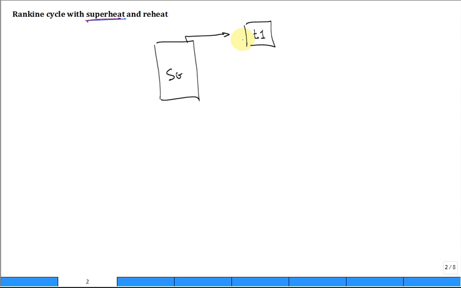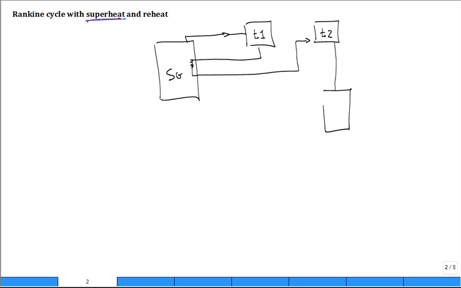The steam goes into the first turbine stage, comes out of that turbine, and goes back to the steam generator for some additional heating before it goes into the second turbine stage, which is a low pressure turbine, because the pressure has dropped. After the second turbine, you go to the condenser, and from the condenser to the pump, and then from the pump back into the steam generator, like that.